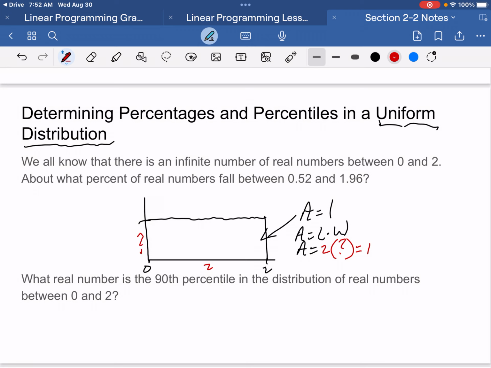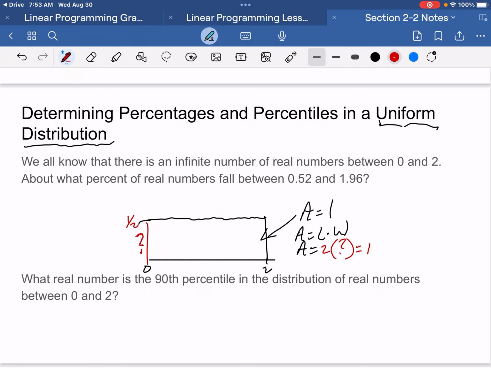So in other words, this value must be something that helps 2 times it equal 1. Well, then doesn't that say that the height of this density curve is 1/2? Okay, so it's really important that you find the height of the density curve, in this particular instance, to be 1/2.